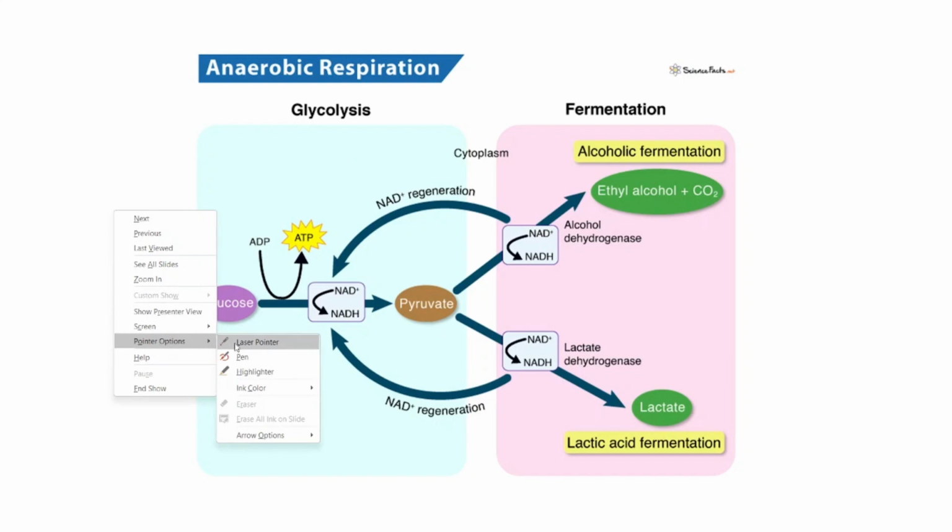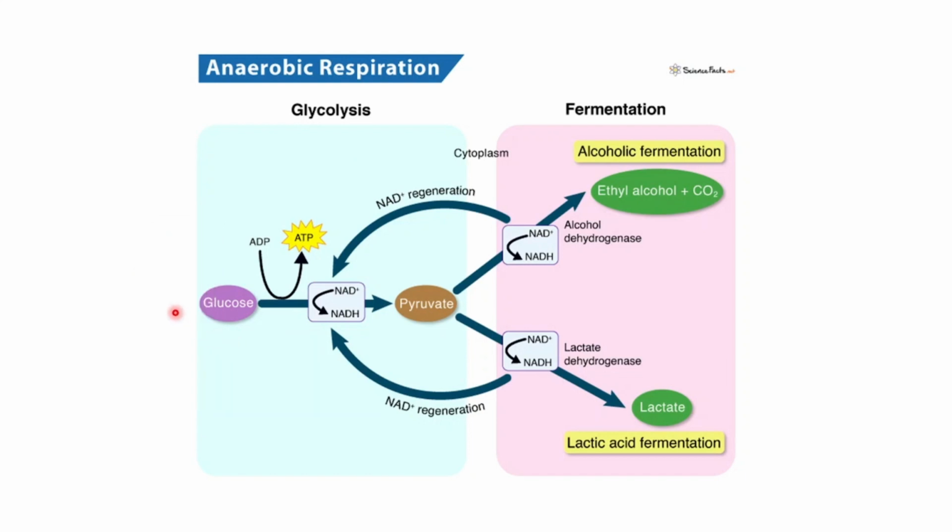If you can see the screen over here, the first step is glycolysis, and you convert glucose into pyruvate, where ATP is also produced. But the pyruvate does not further enter the mitochondria to complete the aerobic respiration due to the absence of oxygen. In aerobic respiration, this pyruvate will further enter the mitochondria to carry forward with the Krebs cycle and then oxidative phosphorylation.